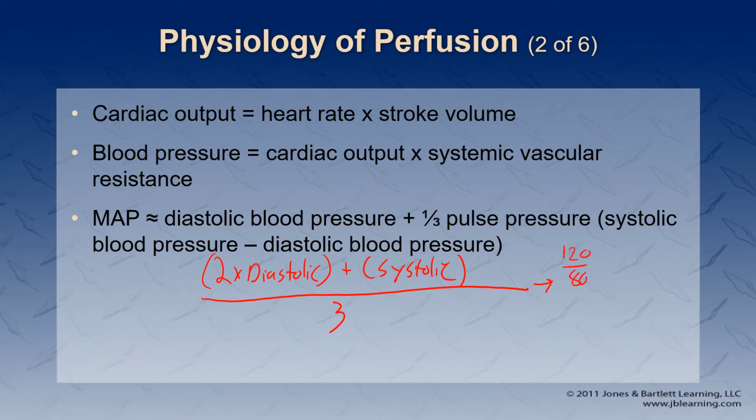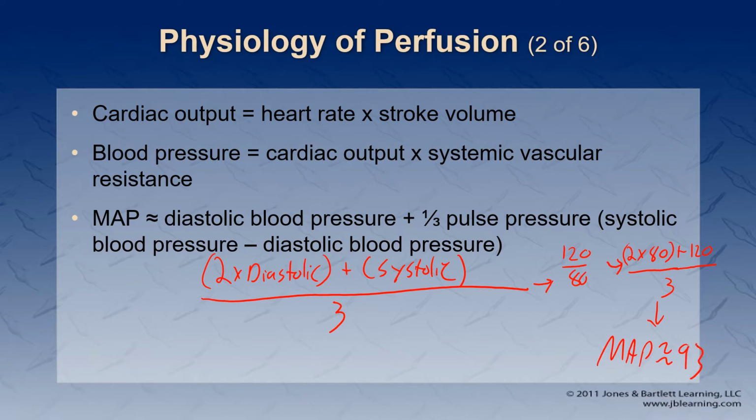blood pressure. To figure out the MAP, what you would do is 2 times 80 plus 120. And then we're going to divide that by 3, which works out to just about 93.